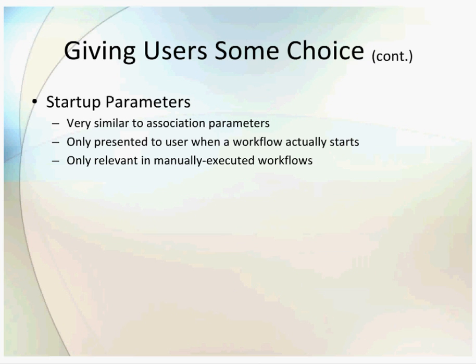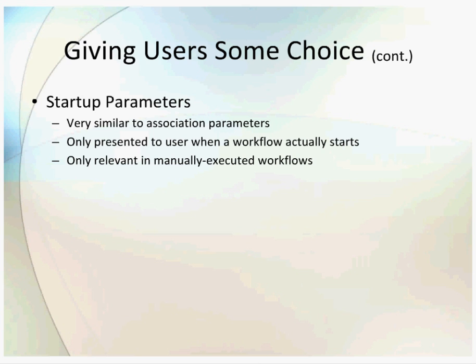There is another way to give users some extra choice: startup parameters. So for example, back here when we're using association parameters, these could be the defaults. The startup parameters could say, when I begin an individual workflow, I might make some changes and decide some extra things here. So I could, when I associate a workflow template with a library, indicate that the default reviewer is the owner of the library.